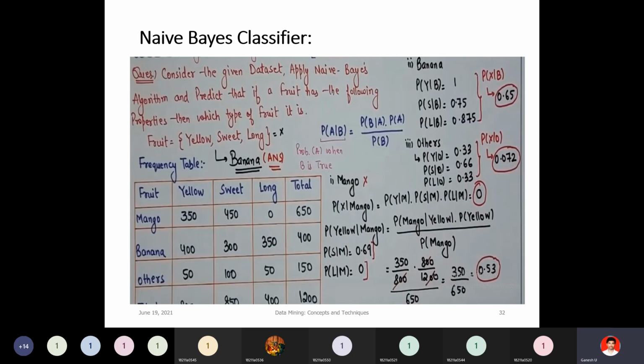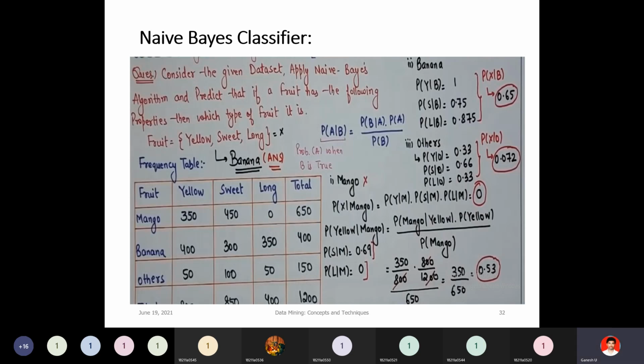In the same way for banana, P of X by banana equals P of yellow by banana, P of sweet by banana, P of long by banana. Find all these and multiply. Next, P of X by others: P of yellow by others, P of sweet by others, P of long by others. Find all these and multiply. So which probability is high? That is the result. I hope you understood.